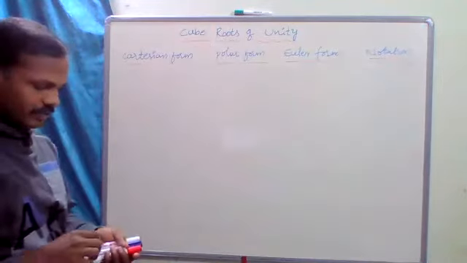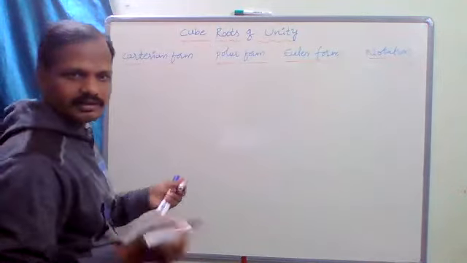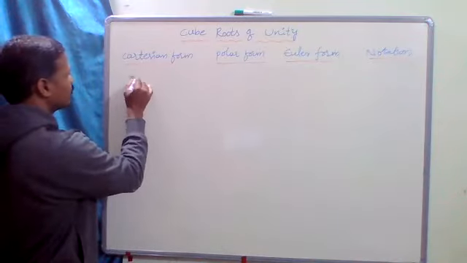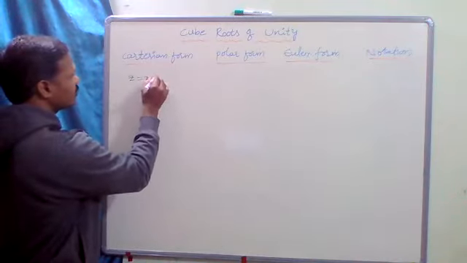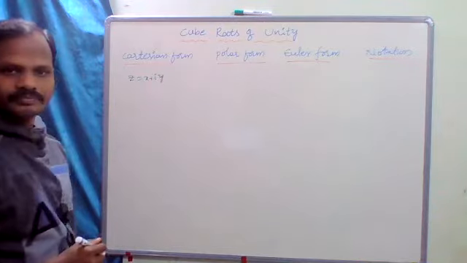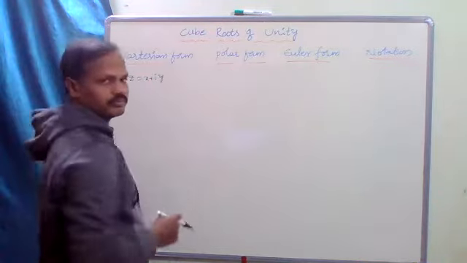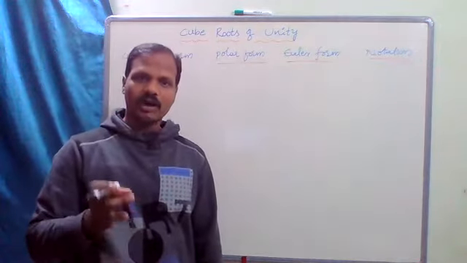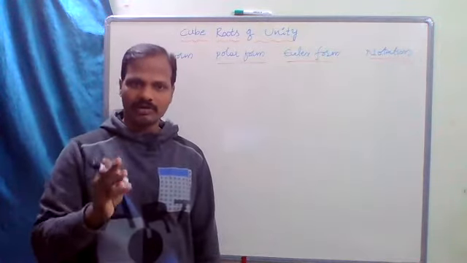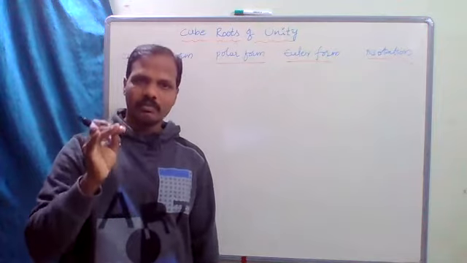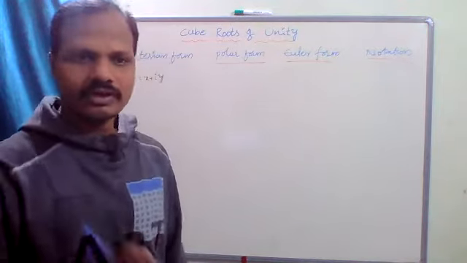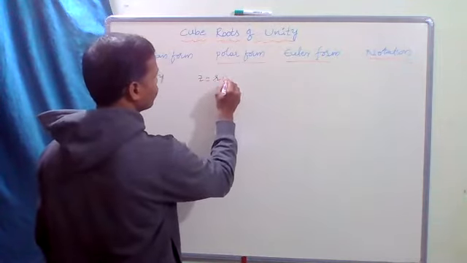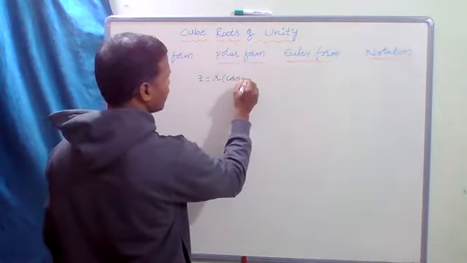Now, what is the Cartesian form? Cartesian form means x, y, so that is z equal to x plus iy. This is the Cartesian form. Polar form, which is also called trigonometric form or modulus argument form, is z equal to r into cos theta plus i sin theta.